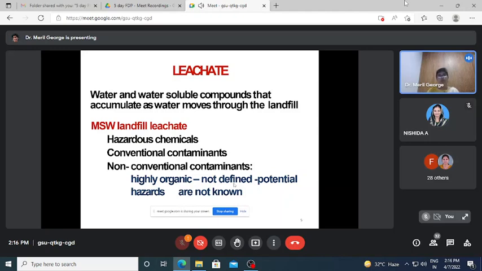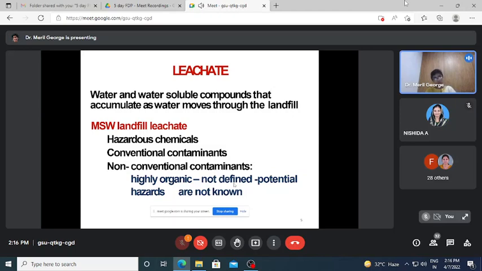But in most of the cases, usually we will find non-conventional contaminants in most of the landfill sites. Non-conventional contaminants are largely organic chemicals that have not been defined and whose potential hazards to public health and groundwater quality are not known.